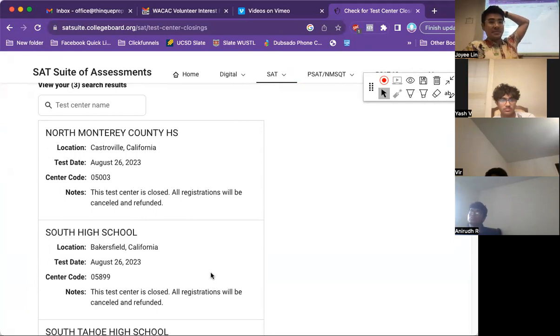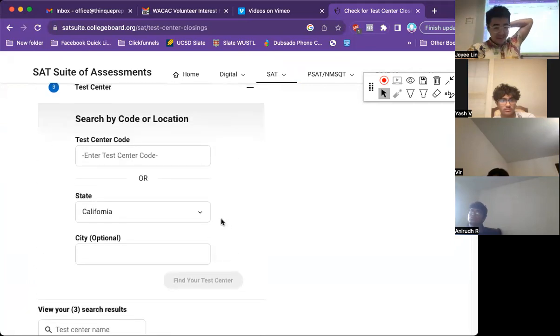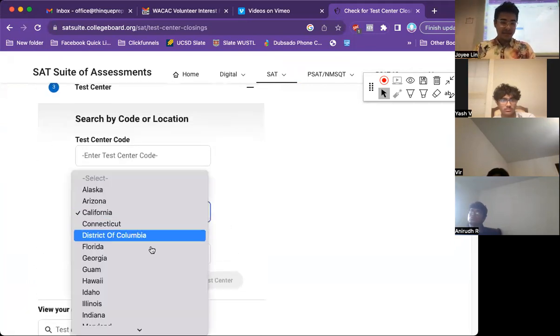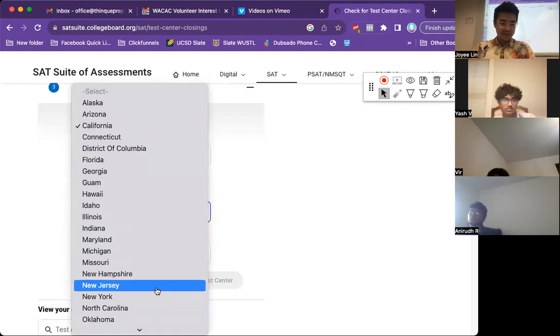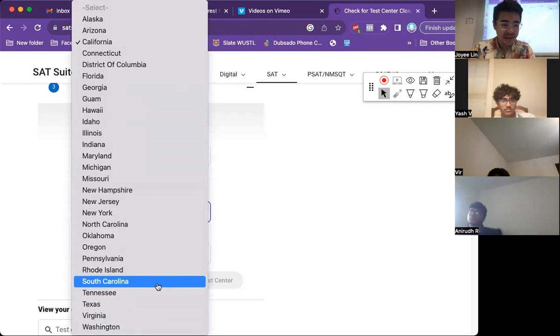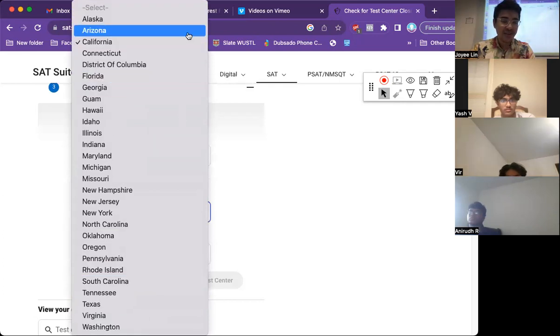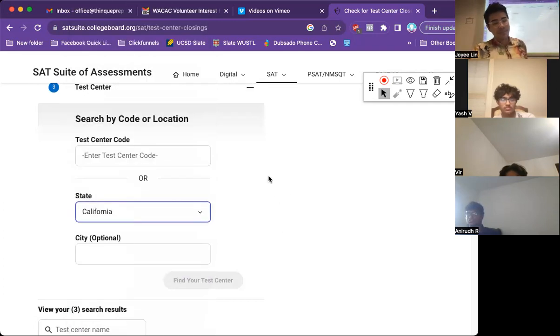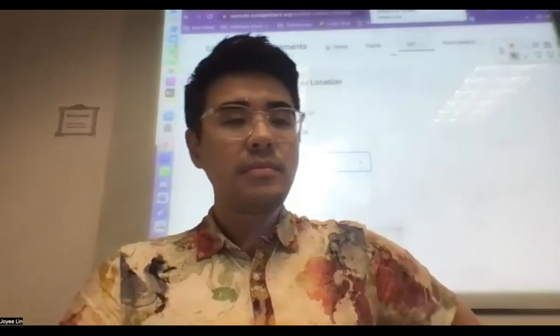Some people are going out of state. A lot of people are going to Las Vegas, and some said they were taking it in Arizona. I was like, why? And they're like, because there's no other spots. Denver, Colorado. Why is Nevada not even on here? Is Nevada not a real state? Do they not have SAT testing in Nevada? Well, no, they do, people are going to Vegas, so I guess they didn't cancel anything. That sounds fun. Okay. I need a vacation.